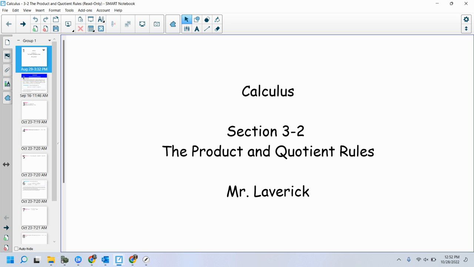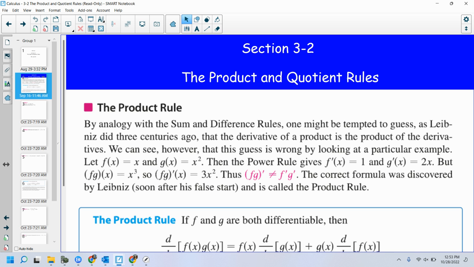I will answer questions over 3.1 on Monday if you'd like, and I could go over a bunch of them if you need to. 3.1 will be due at midnight on Monday, and 3.2 will be due at midnight on Tuesday. I've decided to do that. We are going to start new notes over section 3.3 on Tuesday, just so you're all prepared. So work day is Monday. Good job, Dakota.